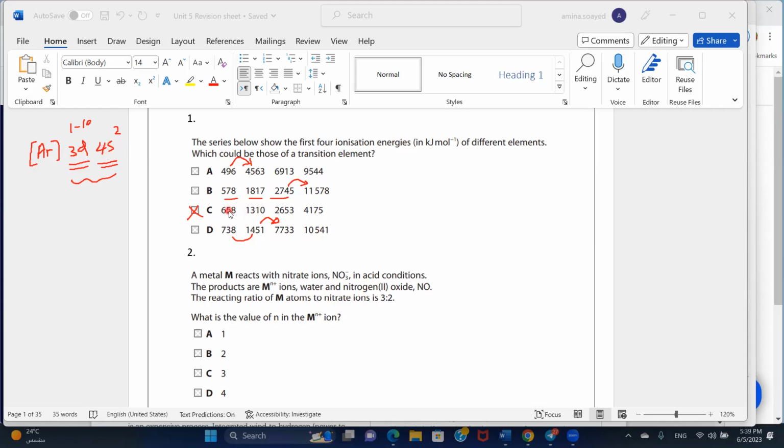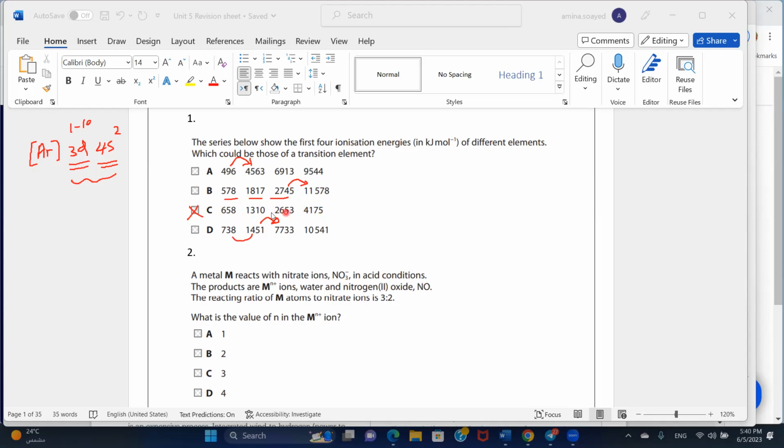So if you look here between 60 and 1,300, the difference is about 700. Between 1,300 and 2,600, it's 1,000. Between 2,600 and 4,000, it's about 2,400 or 500.